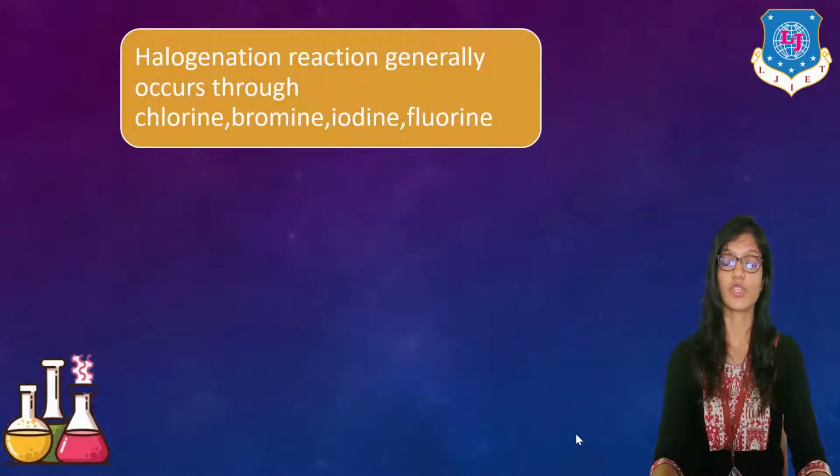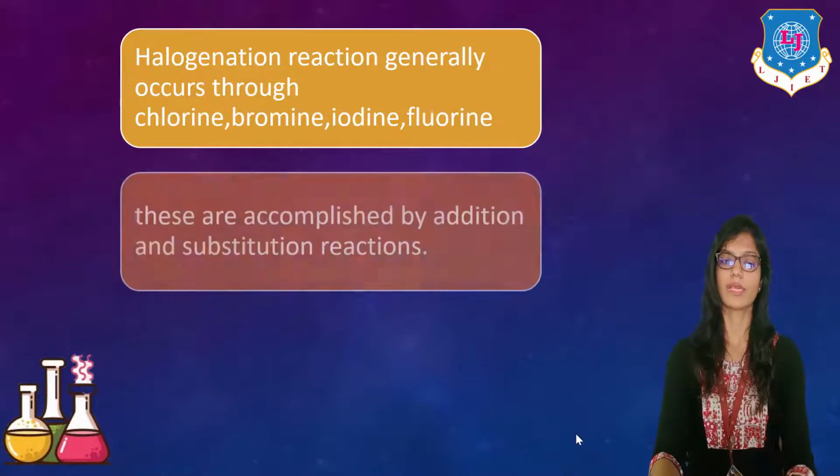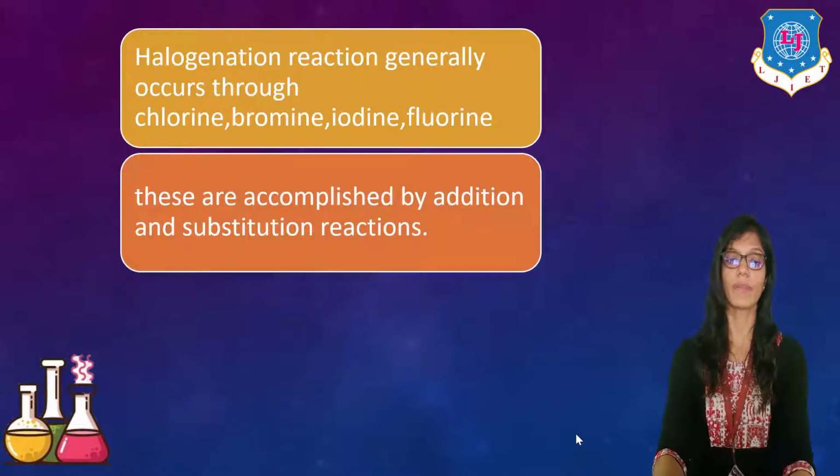Halogenation reactions generally occur through chlorine, bromine, iodine and fluorine. These are accomplished by addition or substitution reactions. Generally they will follow either an addition reaction mechanism or a substitution reaction mechanism.